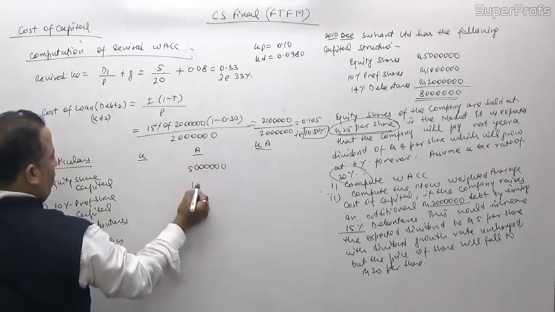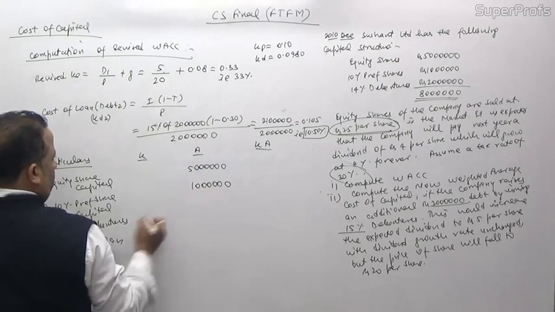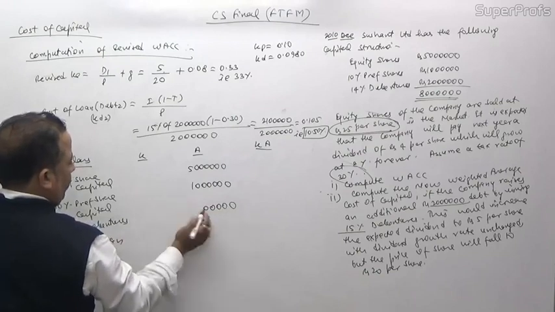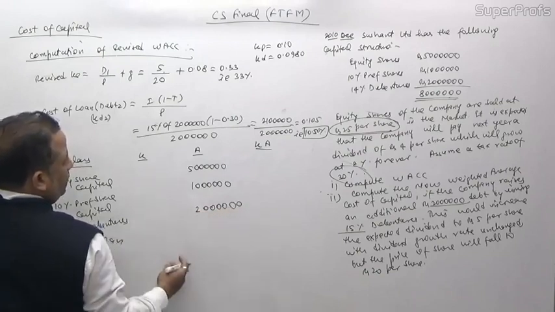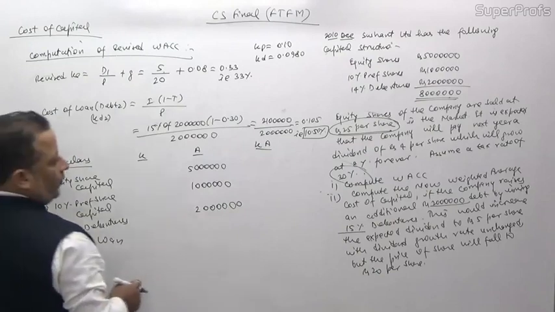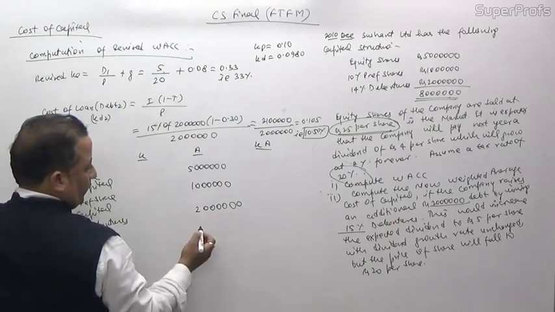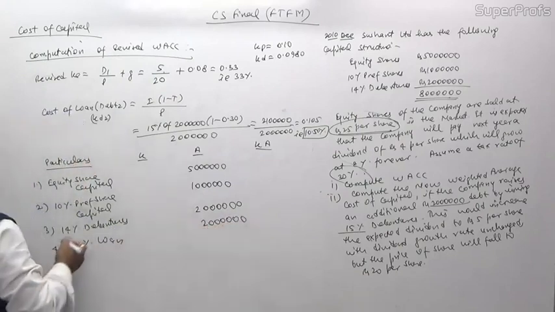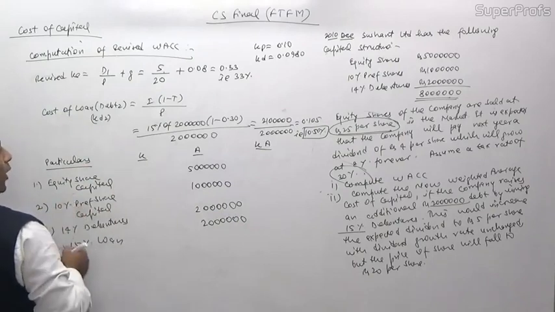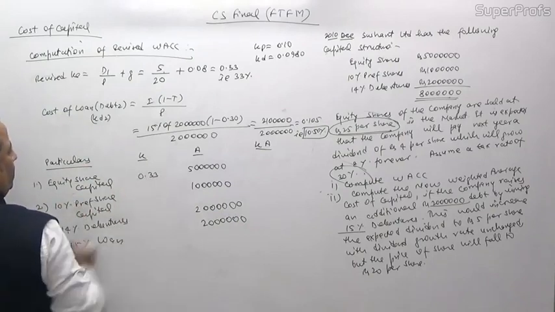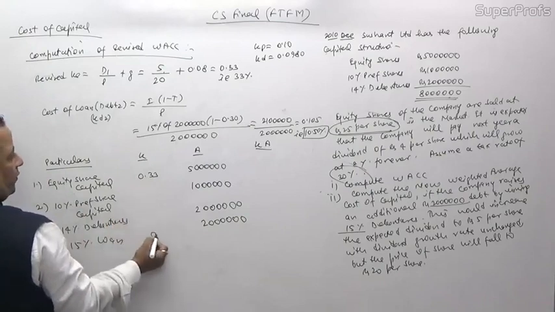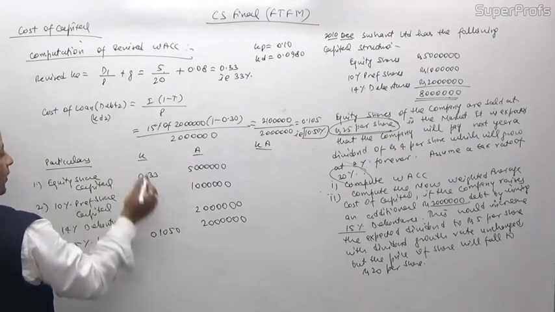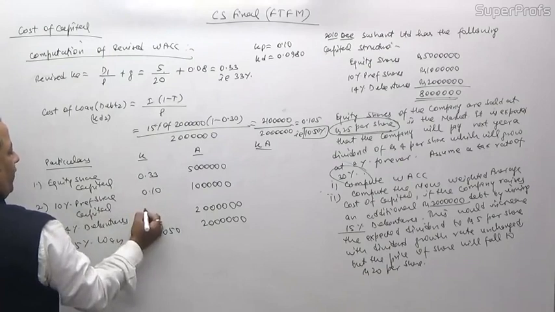The amount of preference share is rupees 10 lakh. The amount of 14% debenture is rupees 20 lakh. The amount of 15% loan is rupees 20 lakh. The cost of equity share capital is 33%. The cost of loan is 10.5%. The cost of preference share capital is 10%. The cost of debt is 9.8%.